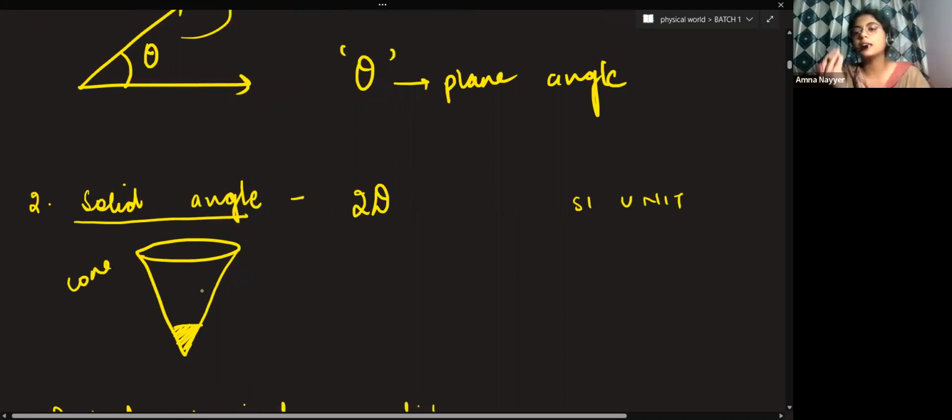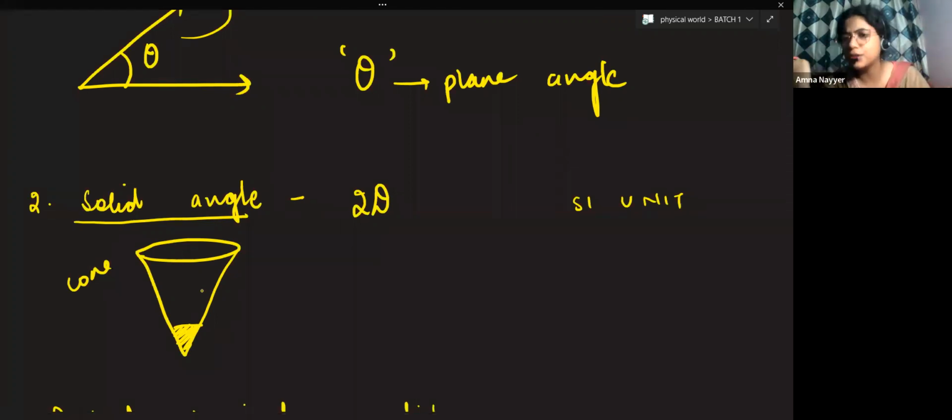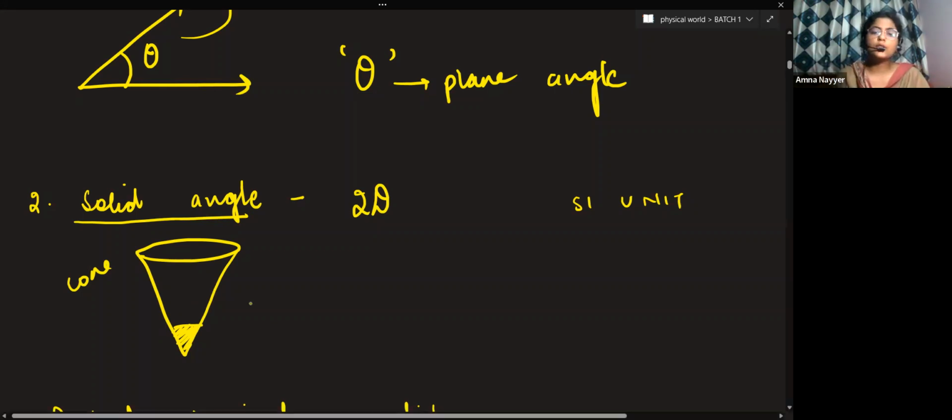So this is known as a solid angle. Plane angle is the angle formed at a plane sheet. So solid angle is denoted through the symbol omega. This is the symbol for a solid angle.